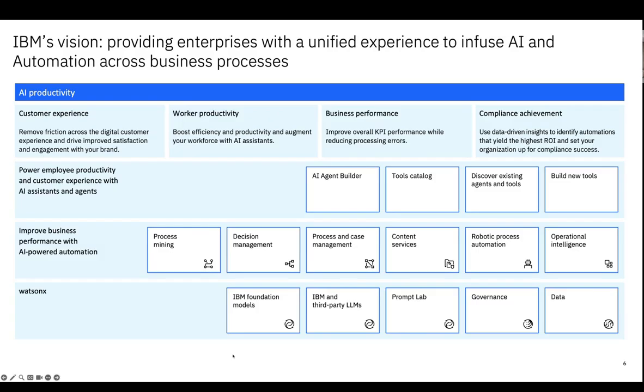And then we want to go from agents and tools to automation, where we want to automate processes, mining of information in processes, helping make decisions, content services, robotic process automation, which is near and dear to most of our hearts, operational intelligence, and finally process and case management.